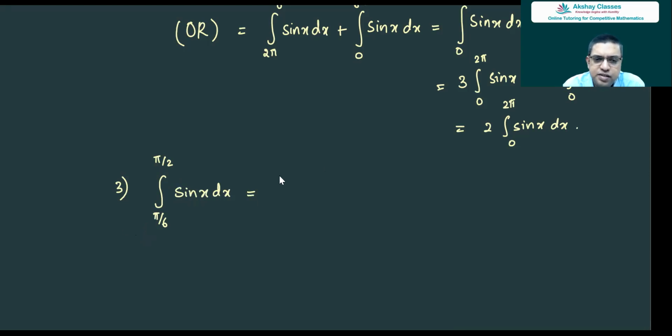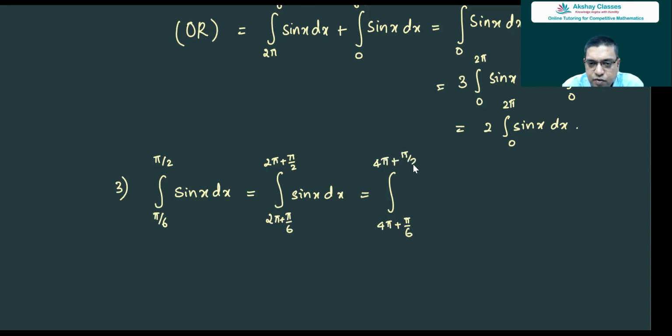Now, this should be equal to, I add, 2 pi to this. Or I add even 4 pi to this, or 6 pi to this. It will be valid. Meaning to the limits, I am adding the period.